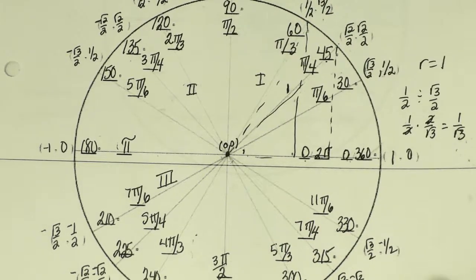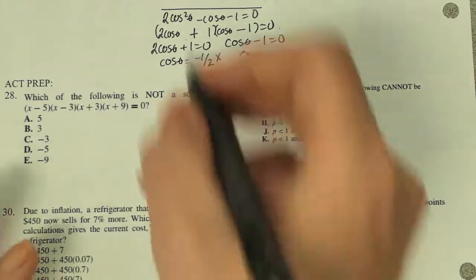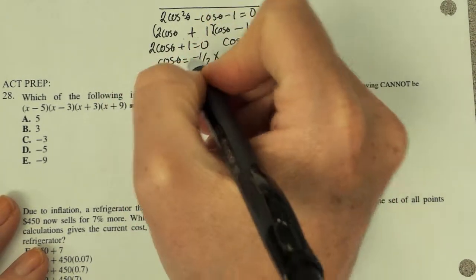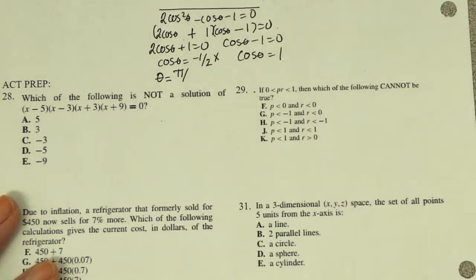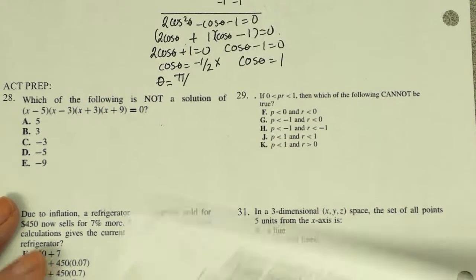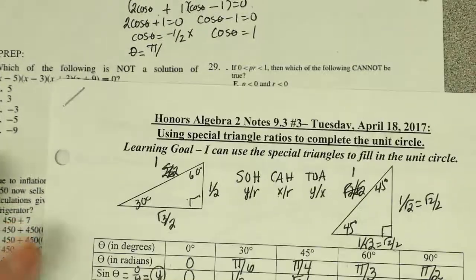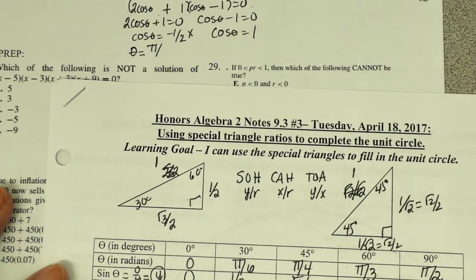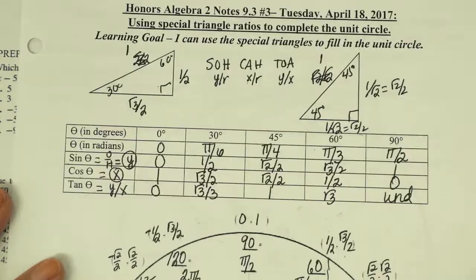Go ahead, Ben. What did you say? What was your first one? I think you said it, I just couldn't hear you. Not pi over 3 though, we want x to be a negative 1/2.